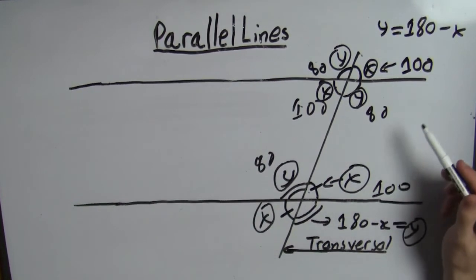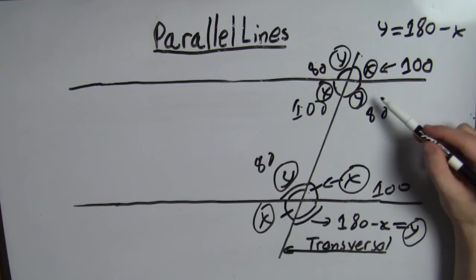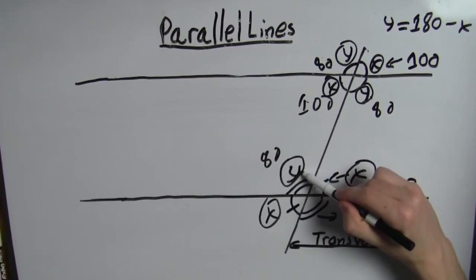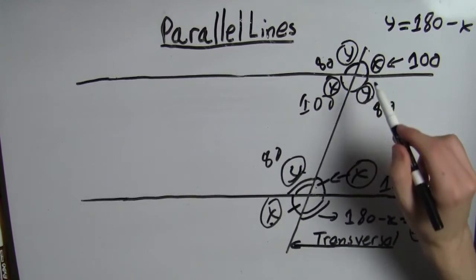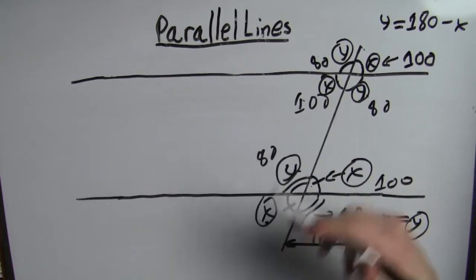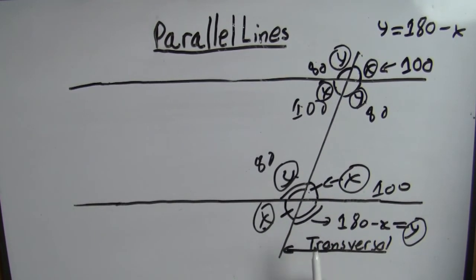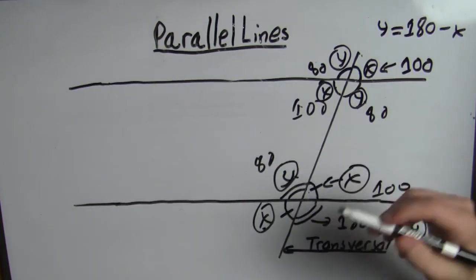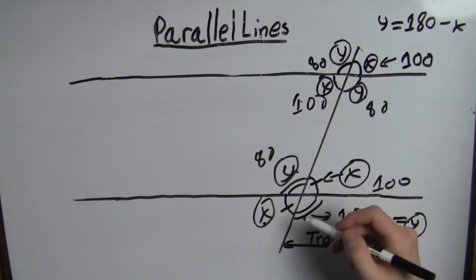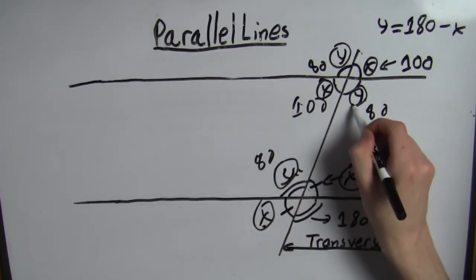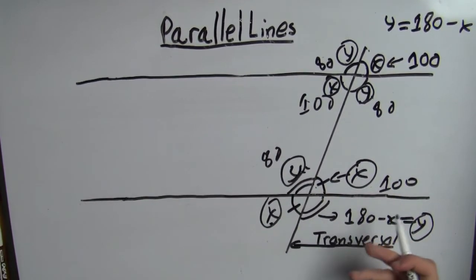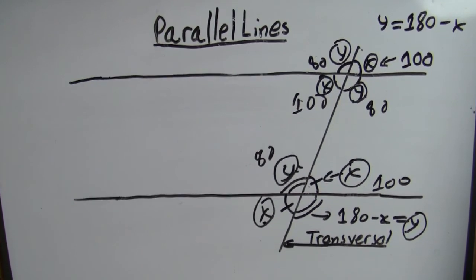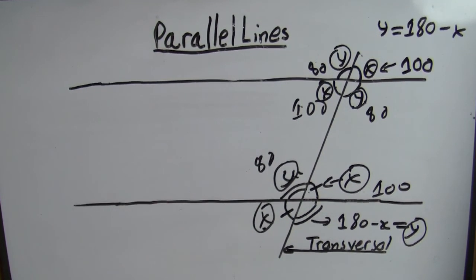Now, if we find out, for example, we have a line, and this angle isn't equal to this angle, or this angle isn't equal to this angle, we can say, hey, this line's not parallel. Or we can say, in order for this line to be parallel, this has to be equal to this, or this has to be equal to this. And we can use these properties to solve these problems without running into a lot of trouble.